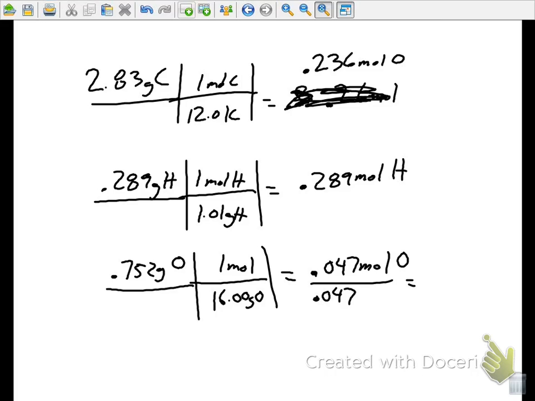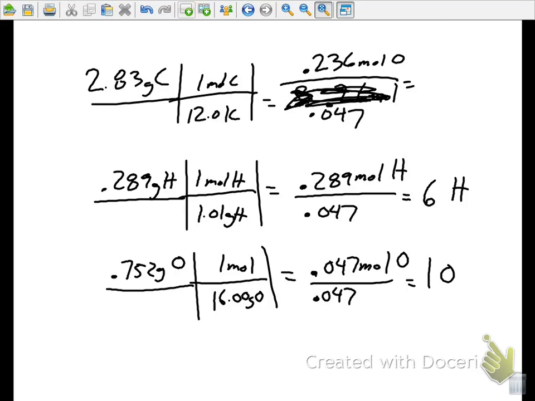So I get 1 oxygen. When I do this one, I get 6 hydrogens. And then when I do this one, I get 5 carbons. So my formula would be C5H6O.